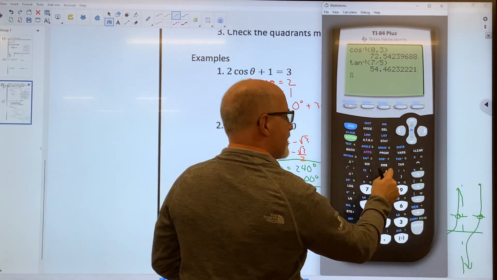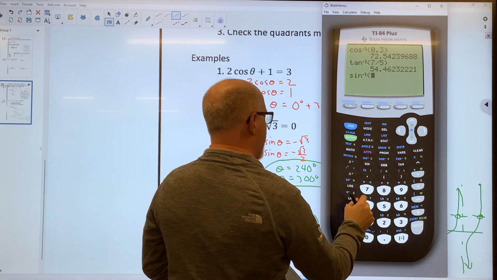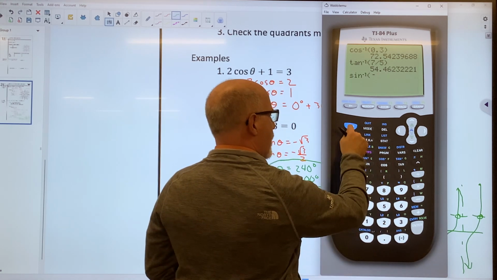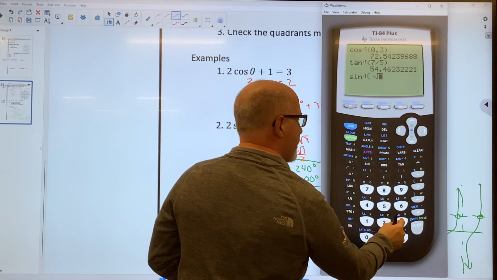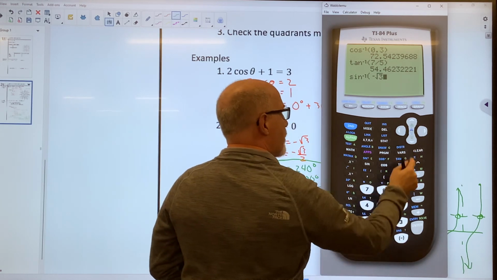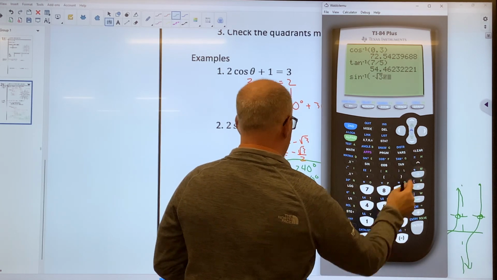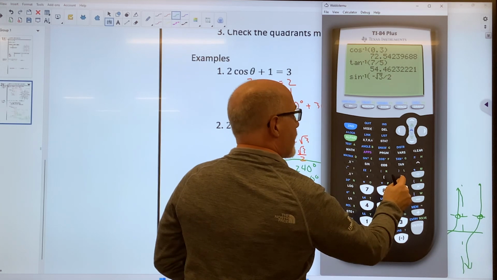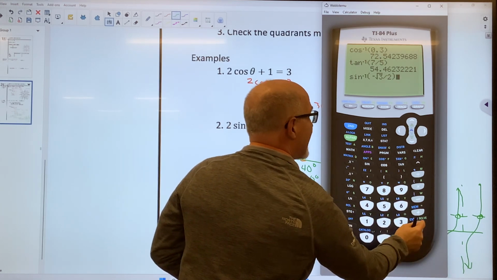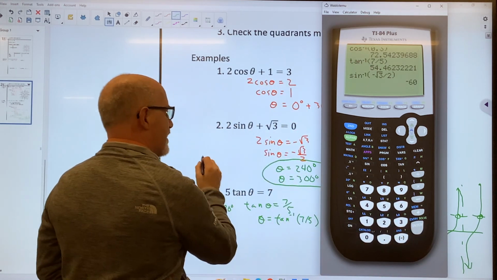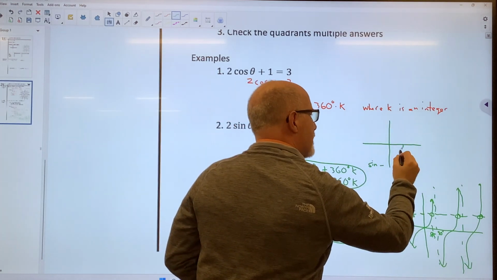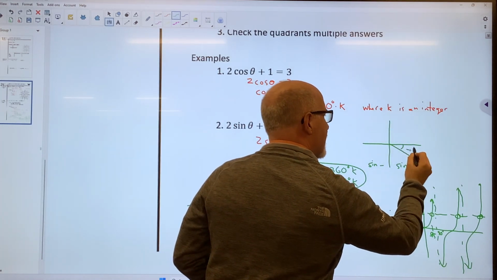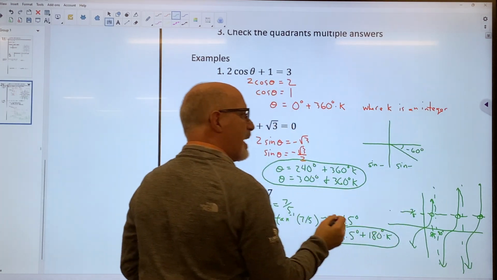So second sine, and I'm going to do negative square root of 3, and then get out of the square root, divided by 2. Okay, when I do that, notice what I get with that is a negative 60 degrees. So it tells me this is negative 60 here, which is okay.